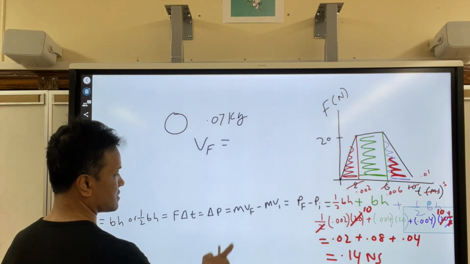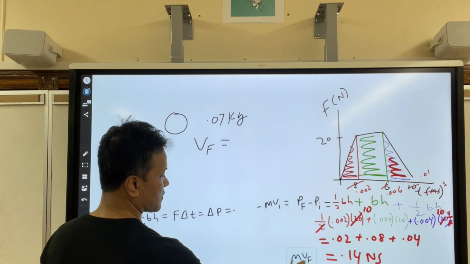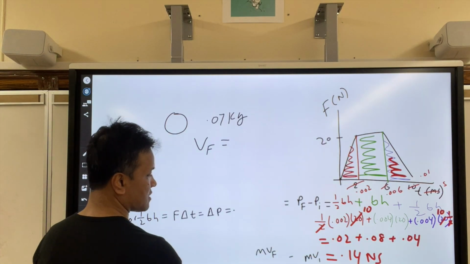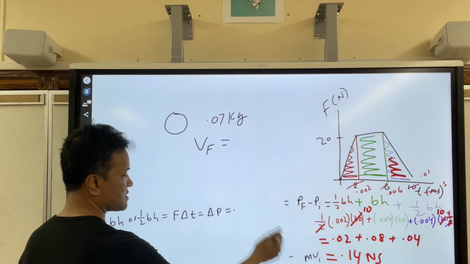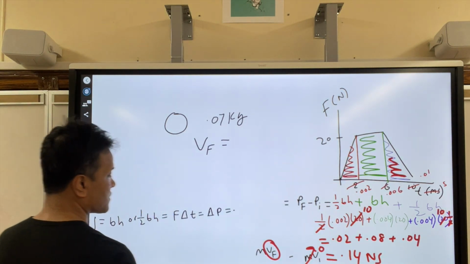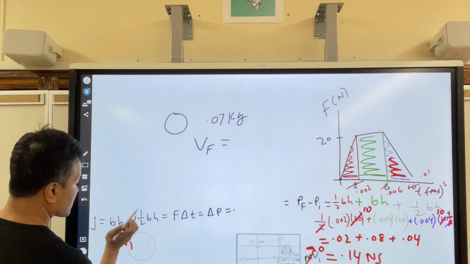Equal to what? Equal to this one, right? What is initial velocity? Initial velocity is 0. We want to know final velocity. So then final velocity must be what? I want to do it here.